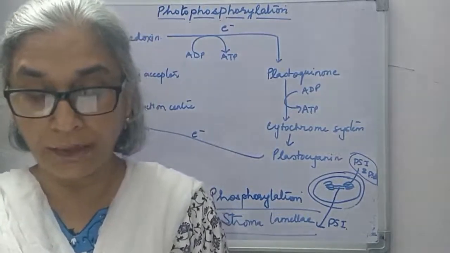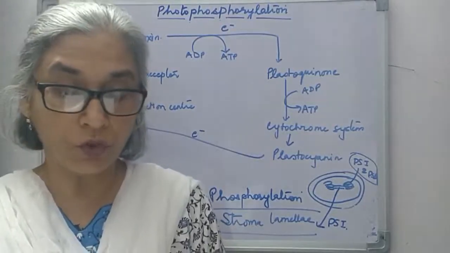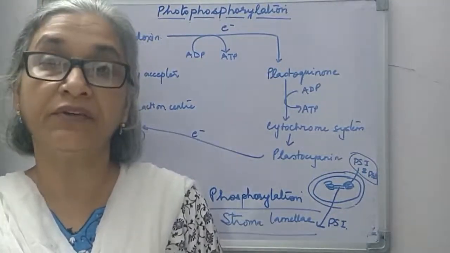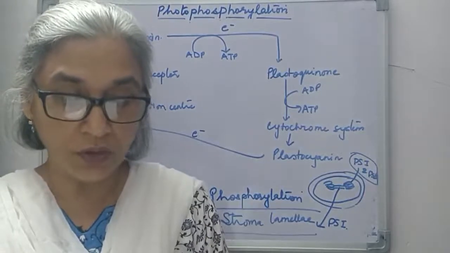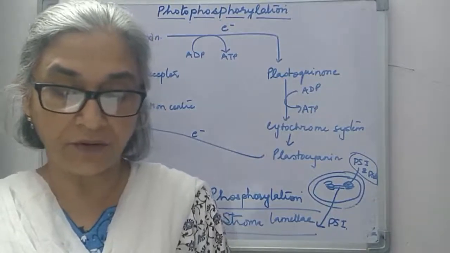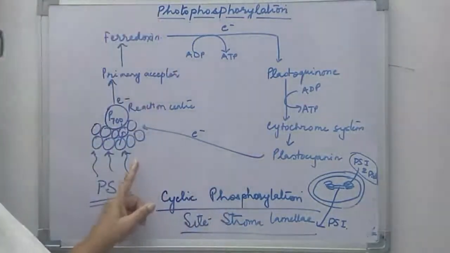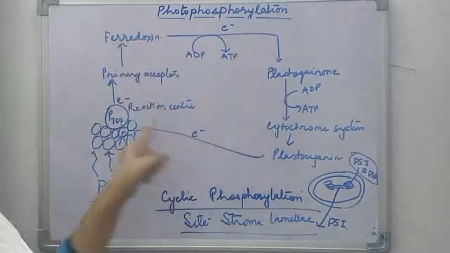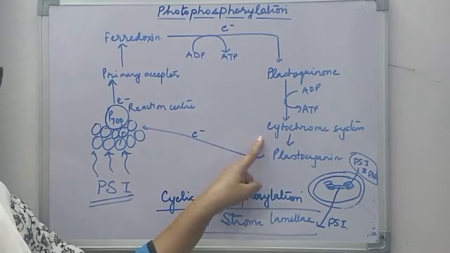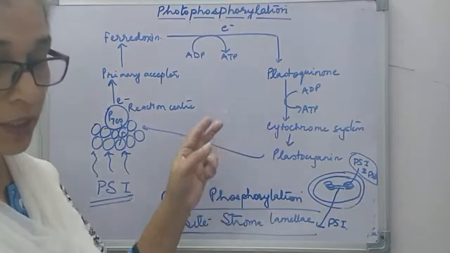The membrane of the lamellae of grana has both photosystem 1 and photosystem 2. The stroma lamellae membranes lack photosystem 2 as well as the NADP reductase enzyme. The electron expelled by pigment 700 does not pass to NADP but returns back to photosystem 1 after passing through a series of electron carriers in an electron transport system.